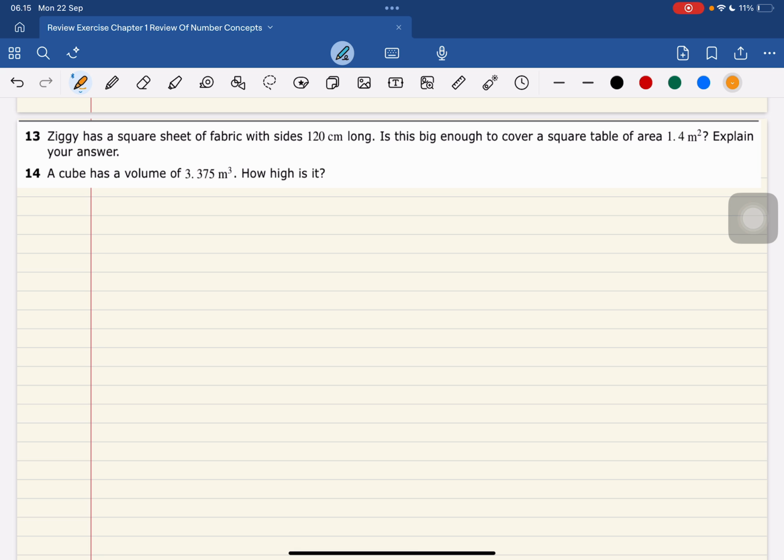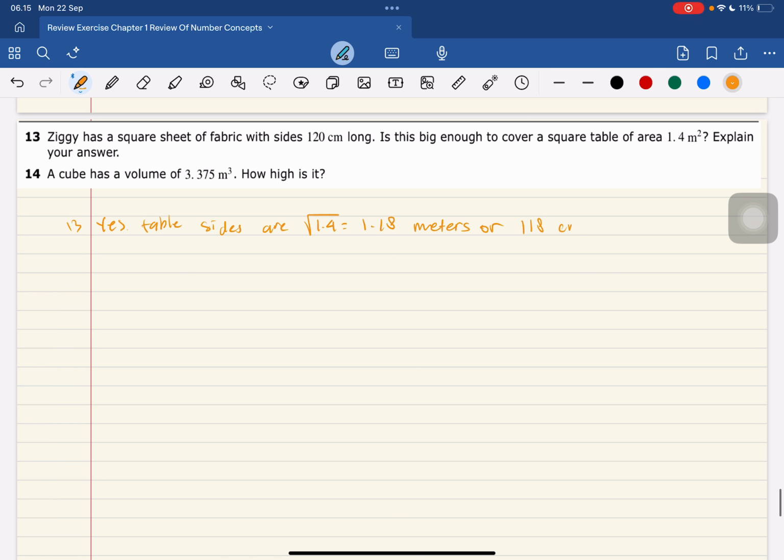So yeah, the answer is yes, because the table sides are square root of 1.4, which is 1.18 meter, or let's make it to centimeter, it's going to be 118 centimeter long. So yes, this is possible.